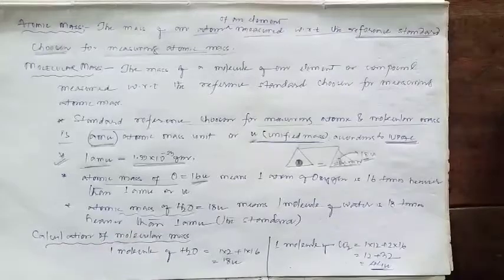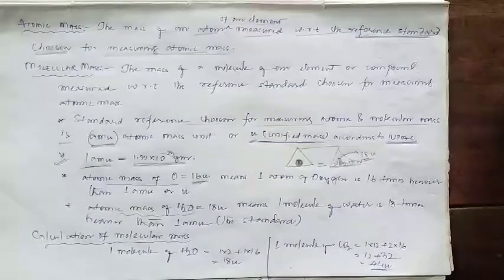So that's why we say molecular mass of water is 18 u, which means one molecule of water is 18 times heavier than 1 AMU. So student, I hope you understood the difference between atomic mass and molecular masses and how we measure atomic and molecular masses.